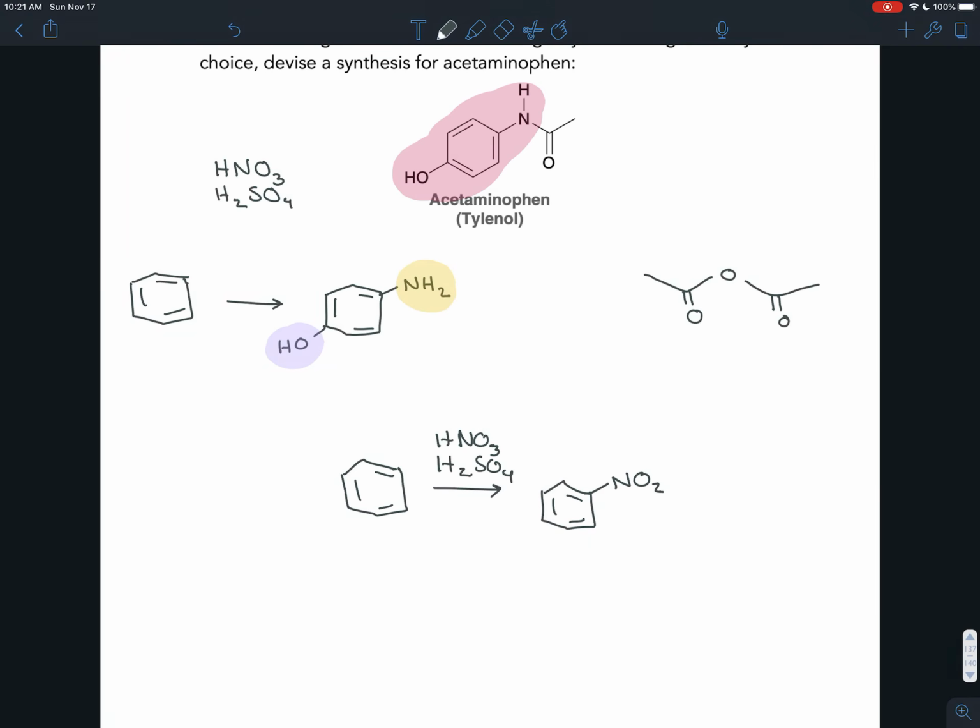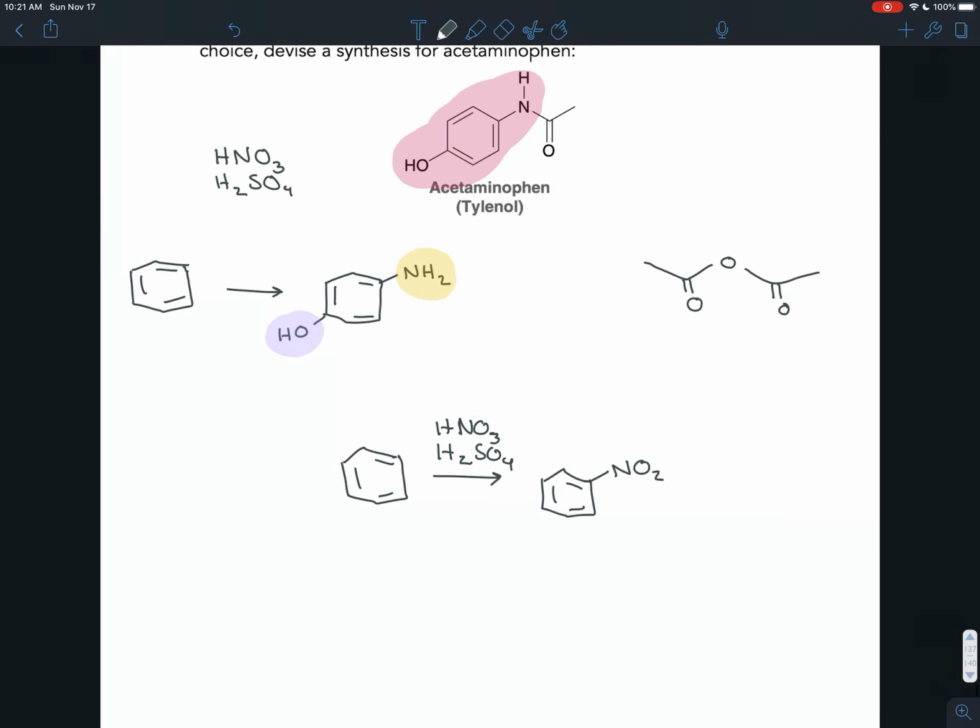And remember that an NO2 is a meta-director and a strong deactivator. We see that these are para. So we definitely wouldn't want to put this on first, and the second problem is that that is not the nitrogen that we want. You can, however, reduce that. You can reduce that by using HCl and zinc.